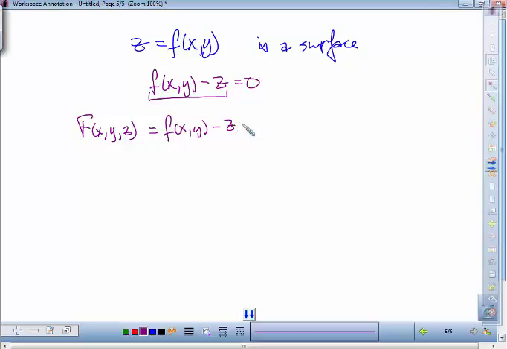But if I say that this was equal to 0, what do I have? A level surface, which is a surface. And it's exactly the same thing. Right? With me so far?